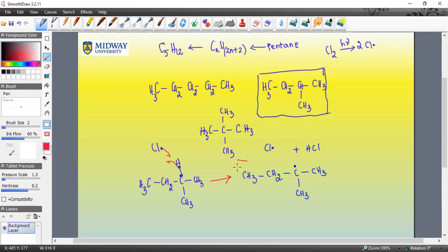I'm going to put this in this little bracket. What this bracket means is that it is an intermediate. Typically in chemistry or other branches of science, intermediates are denoted within square brackets. Now, this chlorine radical would then combine with this, and then we will generate our final product, which would be this.